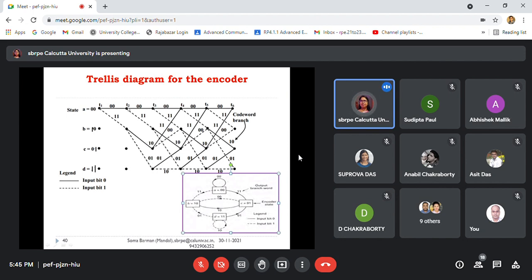So from T2 to T3, 2 paths are diverged. Okay, clear?